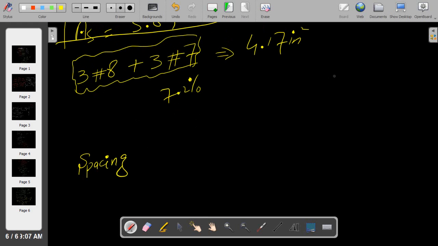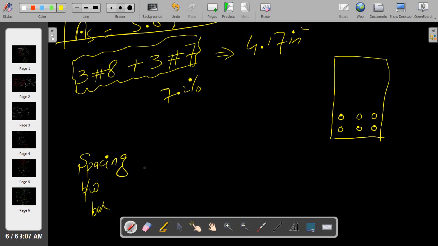So let's say here we will use 3 number 8 bar here and 3 number 7 bar here. So we are using a double layer. So the spacing between bars can be found out. Let's say we are providing number 3 stirrup to the bars.